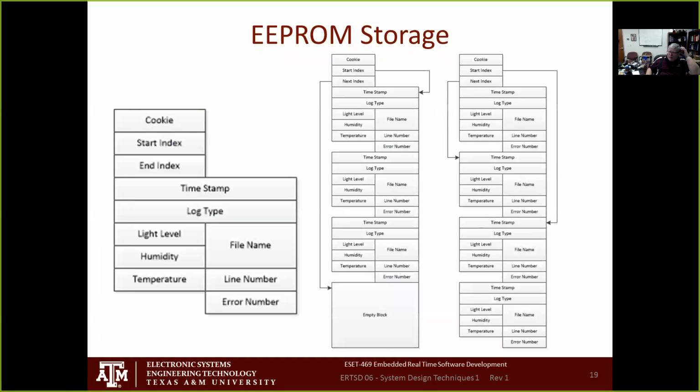So let's talk about how we're going to structure our EEPROM. Again, this is important stuff for figuring out how to do things in the embedded world. How are you going to store stuff in the EEPROM? We've got 2 types of things that we're storing. We're storing an event that has a light level, humidity level, or temperature level.